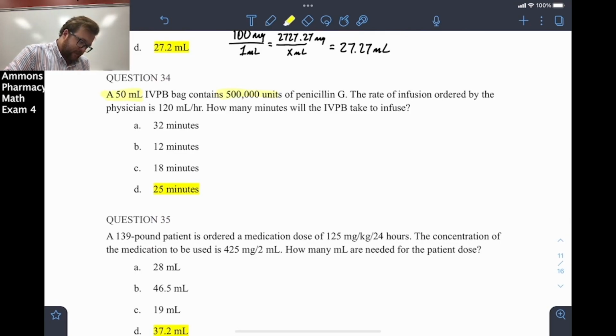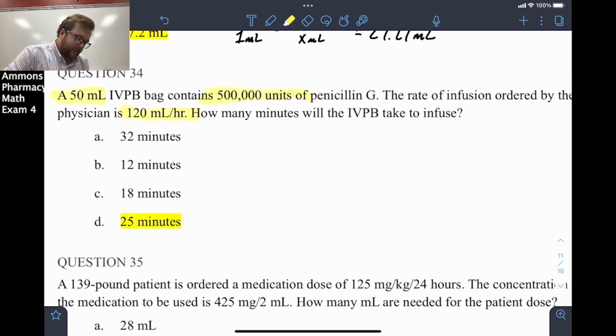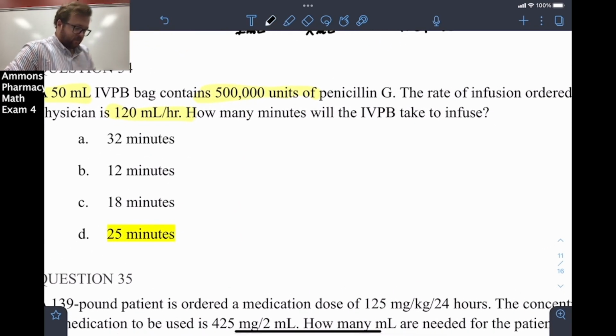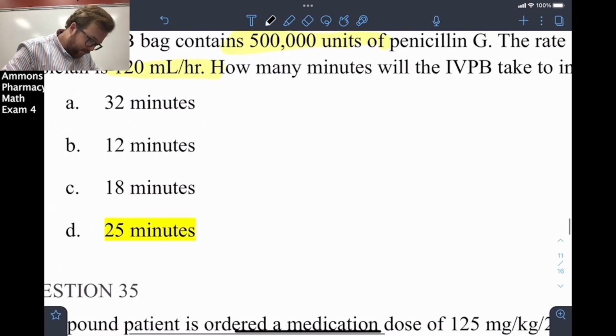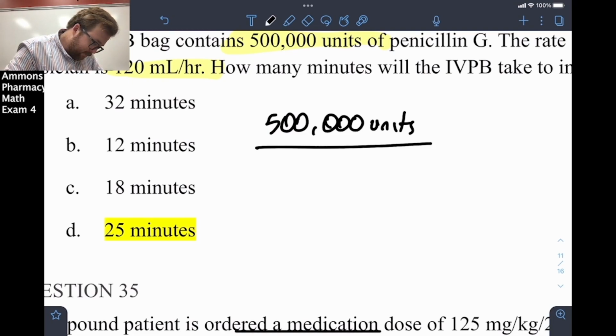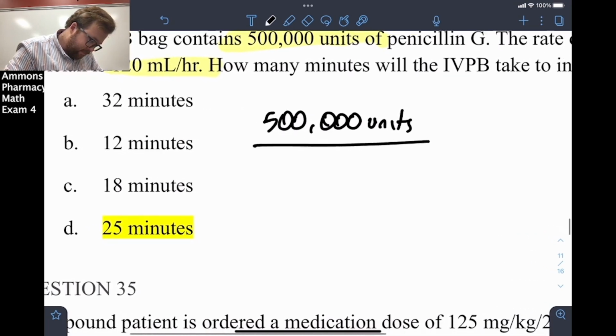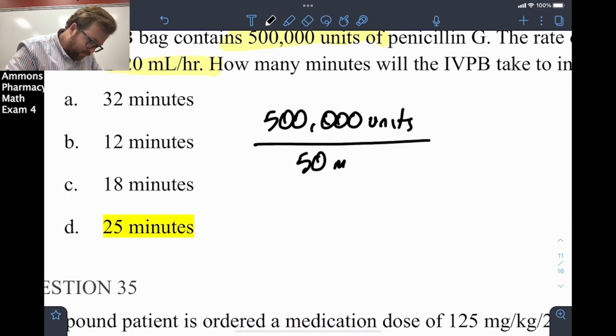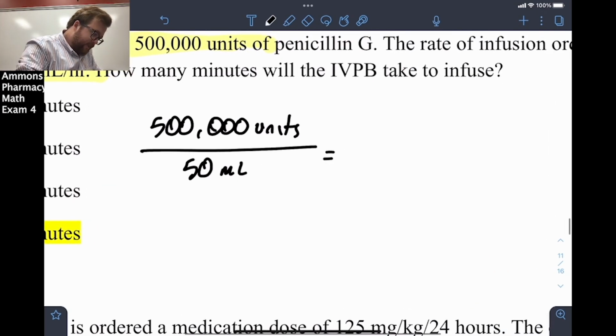50 mil contains 500,000 units of this drug. The rate is 120 mils per hour. How many minutes will it take to infuse? Okay. So we have 500,000 units. In how many mils? 50, right? So this calculation will tell you how many units are in one single mil.